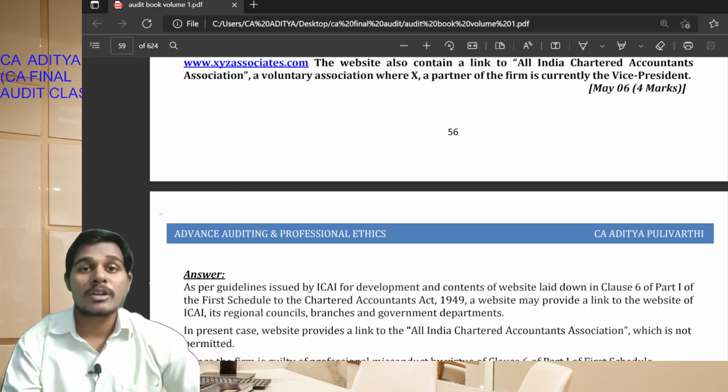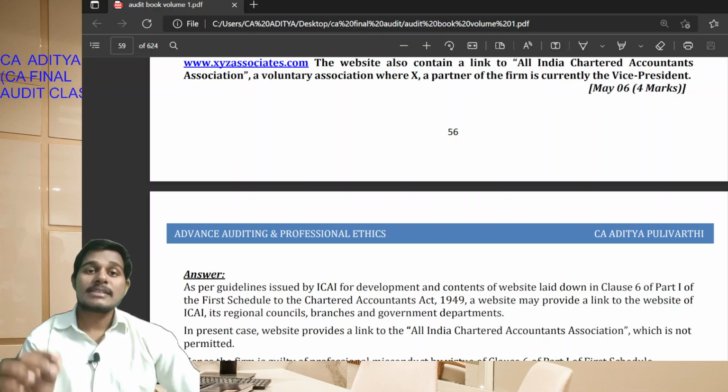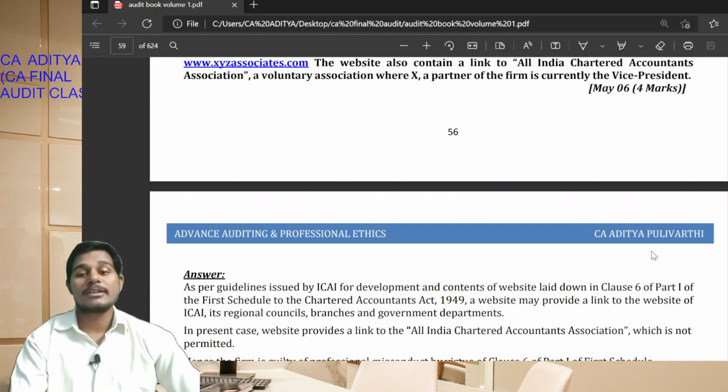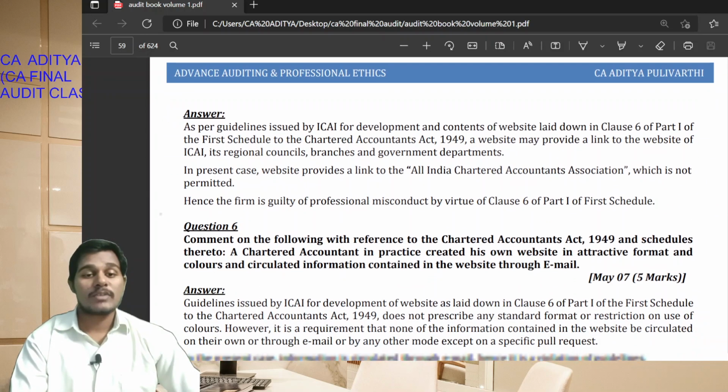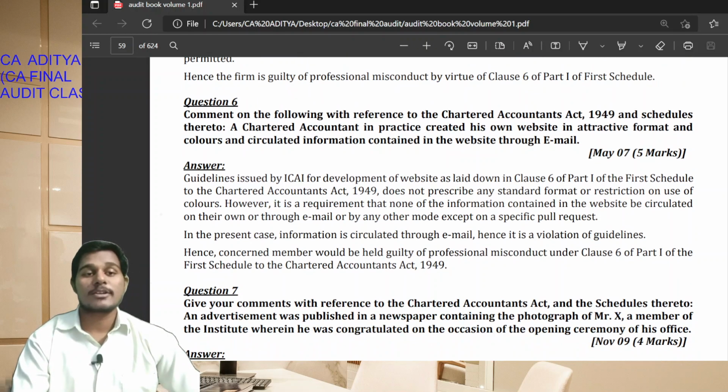In the present case, the website should contain only the links to ICAI regional council or ICAI websites, and government related links only. But in the present case, it has provided the All India Chartered Accountants Association voluntary website link. So, in the present case, he will be guilty of professional misconduct as per clause 6 of Part 1 of the First Schedule to the Chartered Accountants Act.